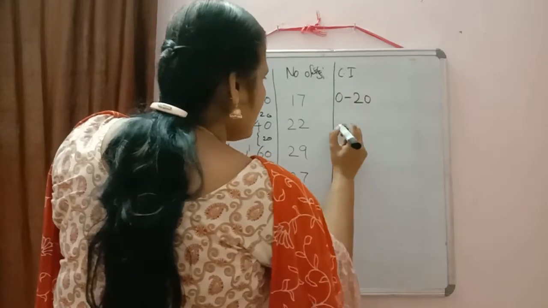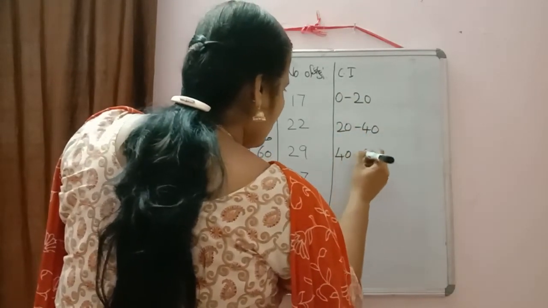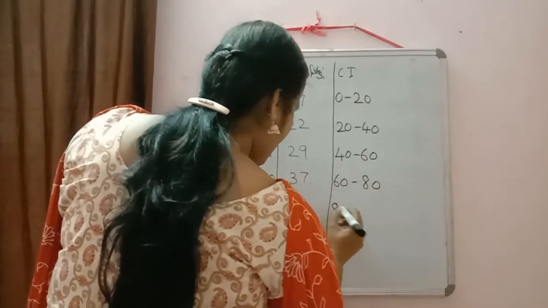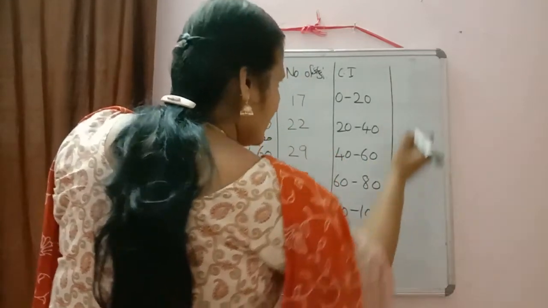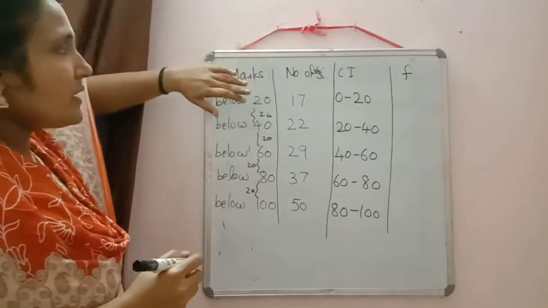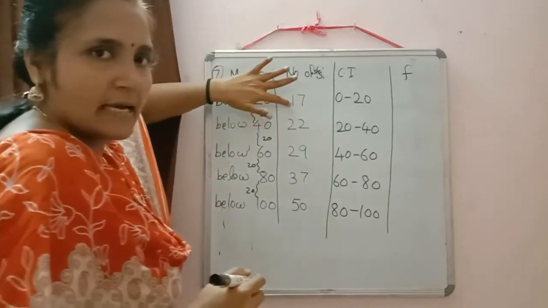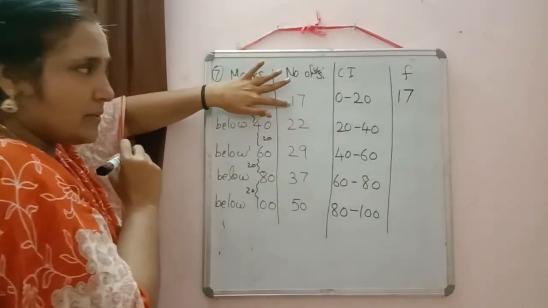The next will be 20 to 40, 40 to 60, 60 to 80 and 80 to 100. Okay. Now here we will write down the frequency. Below 20, how many students are there whose marks are below 20? Yes, 17 students.